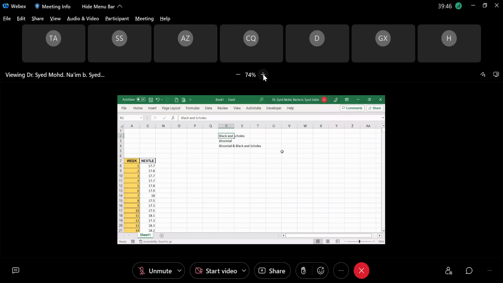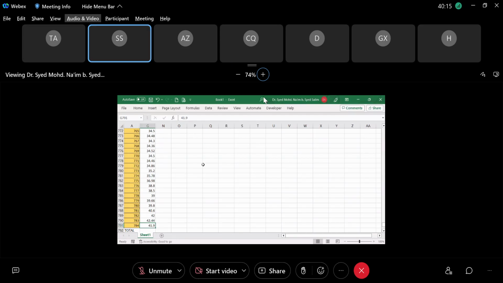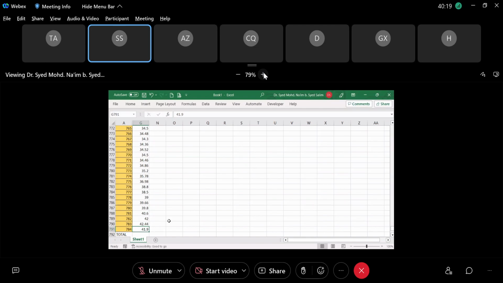So for Black-Scholes, let's say, what the question is, if you look at the last price reported, Nestle here intends to issue call options and put options, and it wants to maintain the price of the last reported price, 784 week.